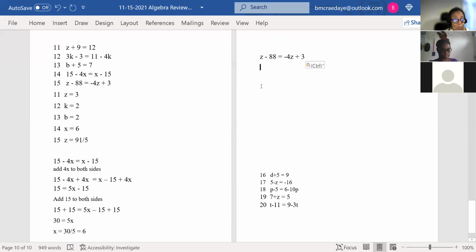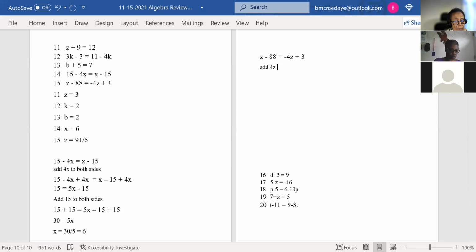Okay, so what did you do with the Z? You tried to get the Z's together, minus 4Z and Z. So what did you do? Add 4Z to both sides, or you could subtract Z from both sides. Which one did you do?